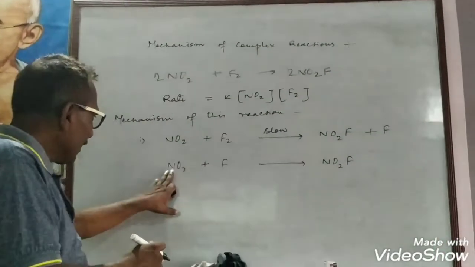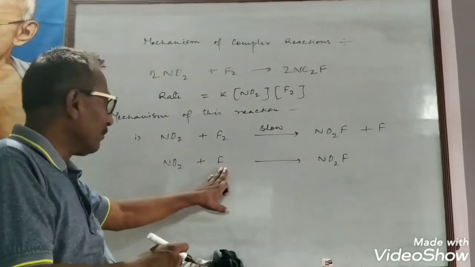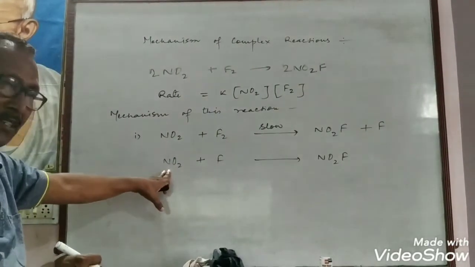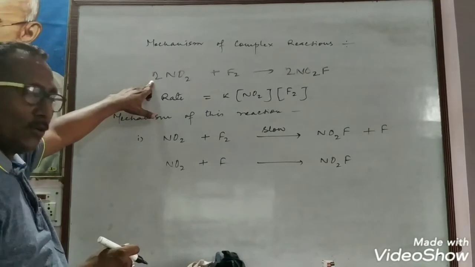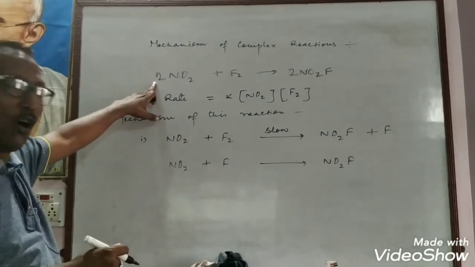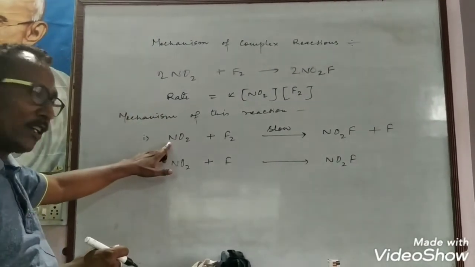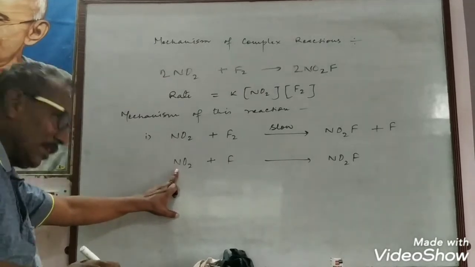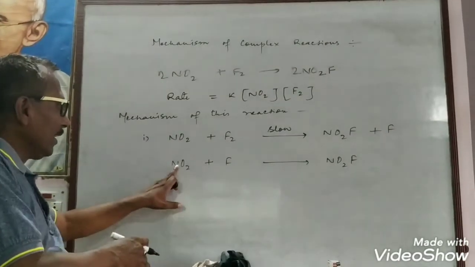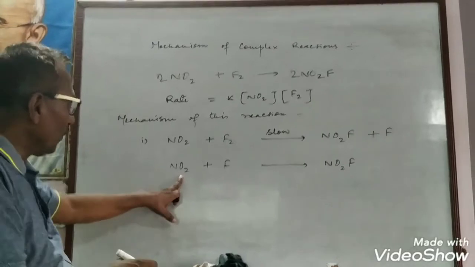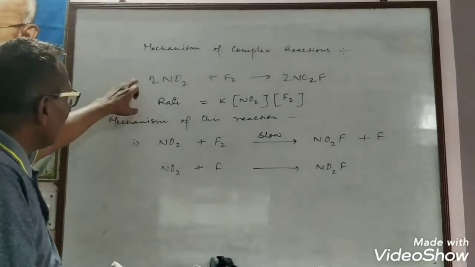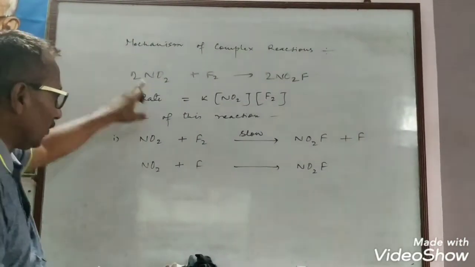again we take NO2 plus F. Why we take NO2 once again? Because we have to take 2 moles of NO2 altogether. So 1 mole I had already taken. That's why again I will be taking 1 mole of NO2, so that altogether it will become 2 moles of NO2.